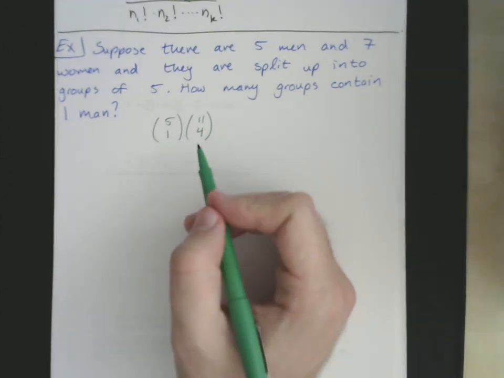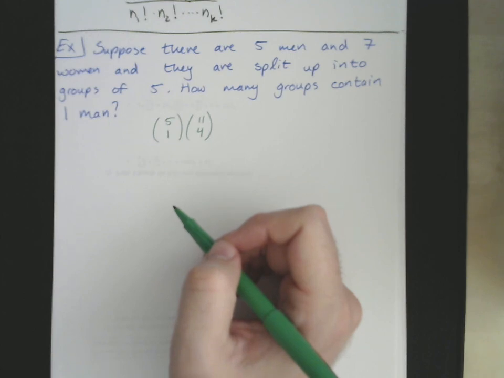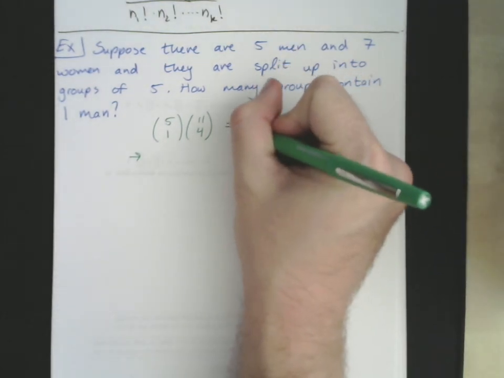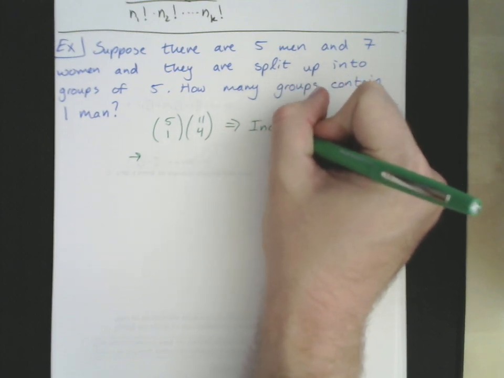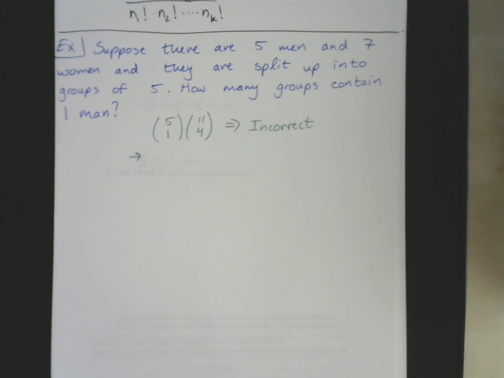And we choose 4. Well, the issue that we get from this example, so I'm telling you now this is incorrect, and why we need to use a different result.